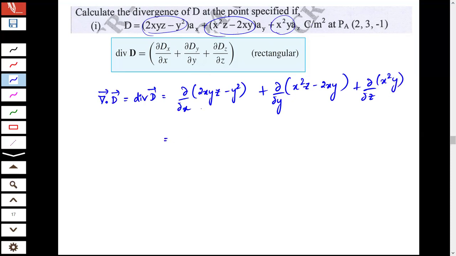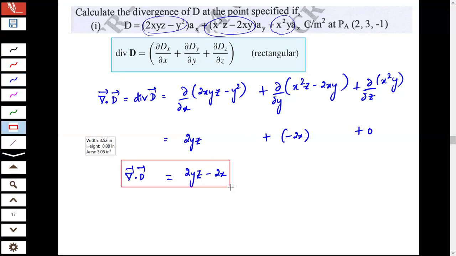When you look at the first differentiation, only x is the variable, the others can be treated as constant. So you will get 2yz for this differentiation, here you will get minus 2x, and here it is 0. So the divergence is 2yz minus 2x. This is the divergence as a function.